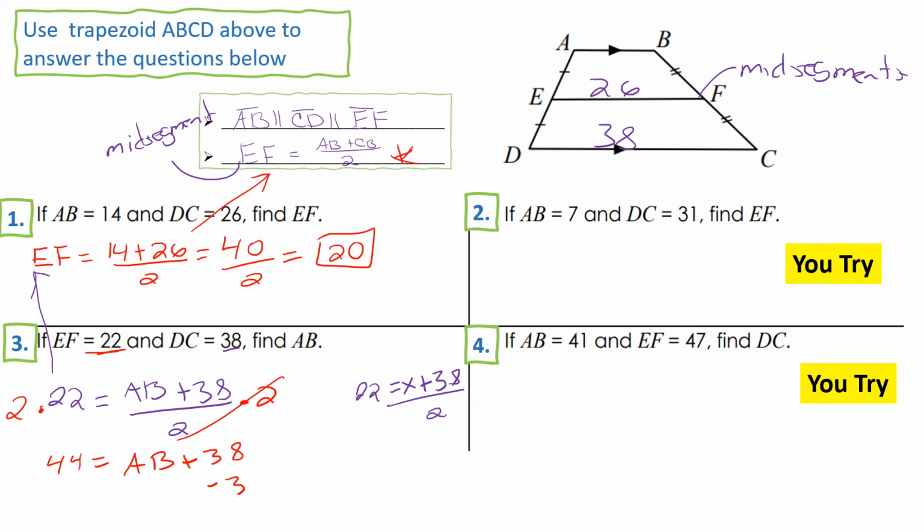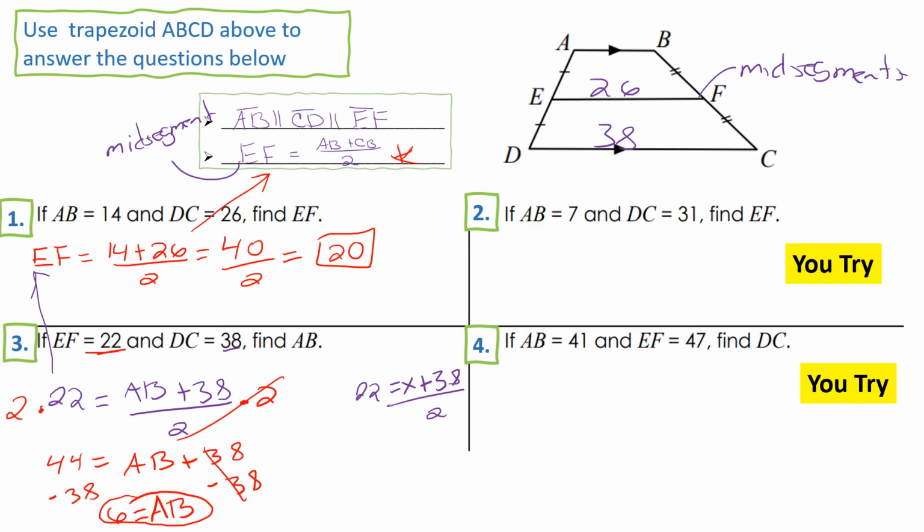Subtract 38. 44 minus 38 is 6, so AB is equal to 6.